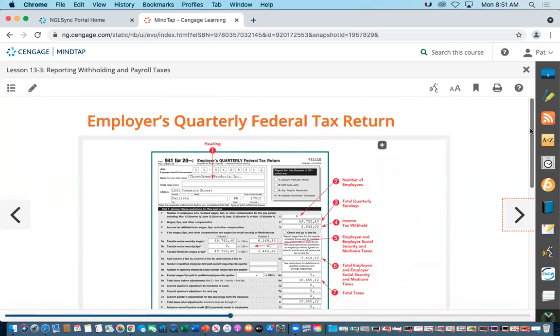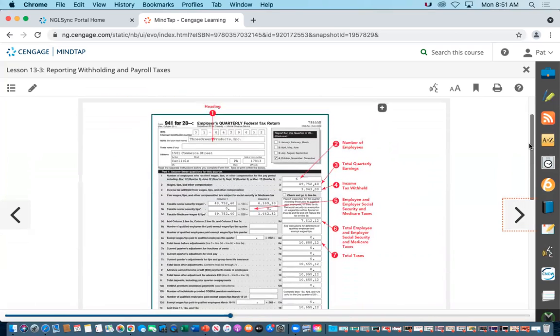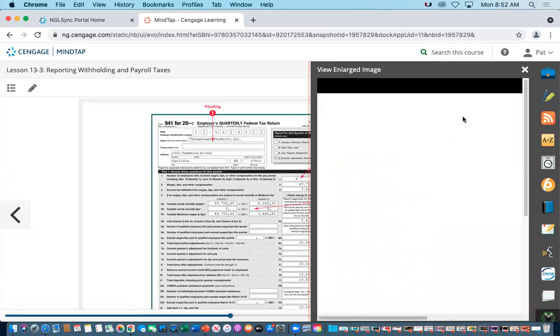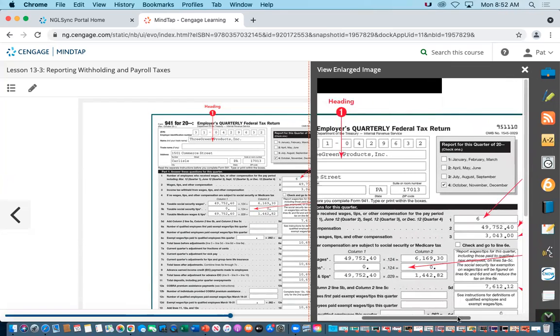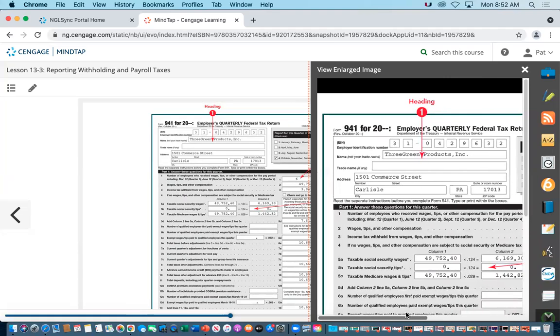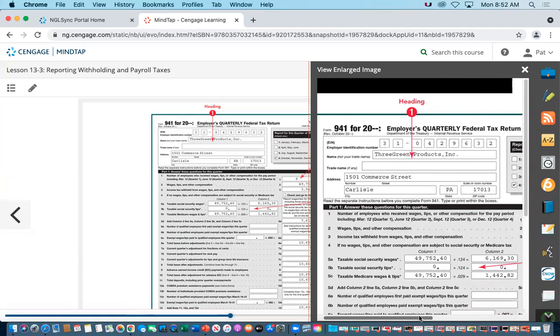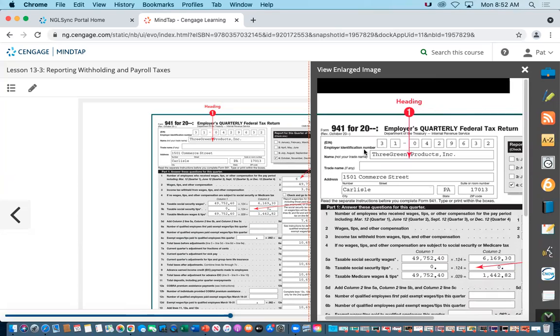This is the big guy. This is the form that we're going to be filling out. I'll make it bigger. I don't even know if that helps, but we're not going to spend a ton of time on this. We will fill out this form together in about 5 minutes. It's the quarterly tax return information.